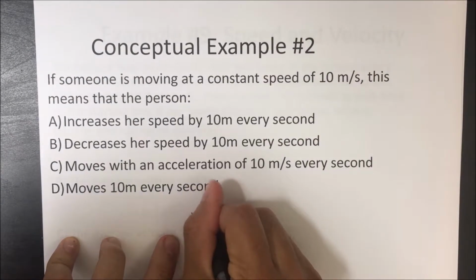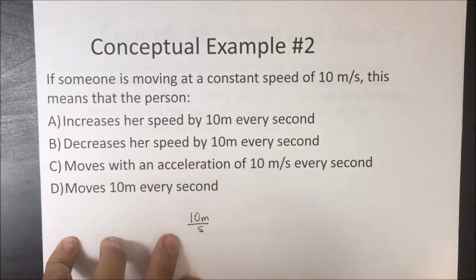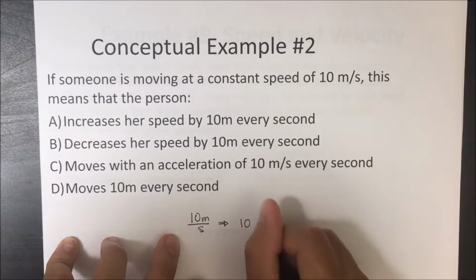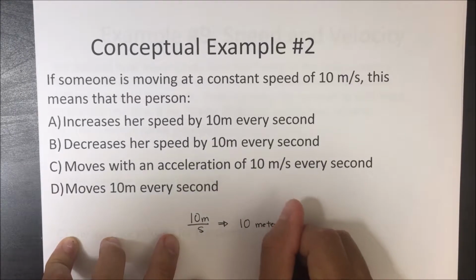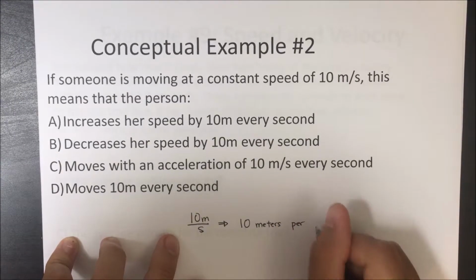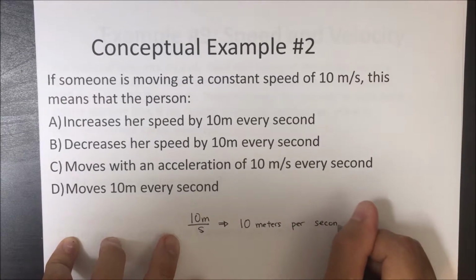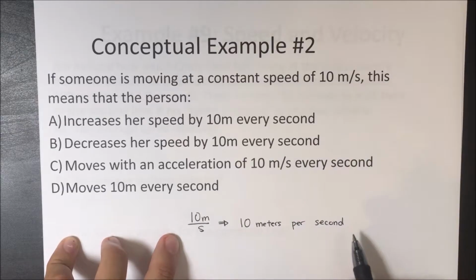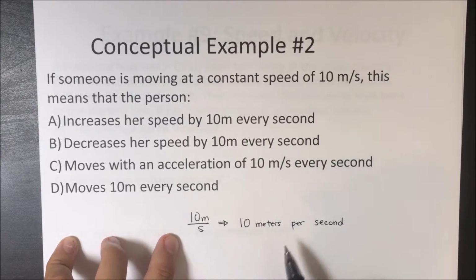10 meters per second. So let's just write out what this means. 10 meters per second. What this means is every second this person is going to be moving 10 meters.